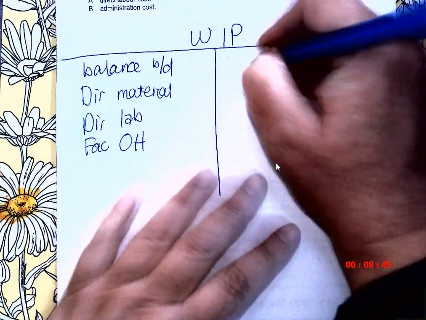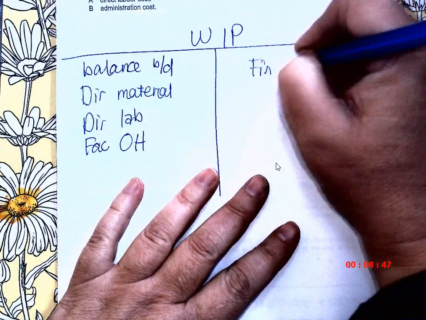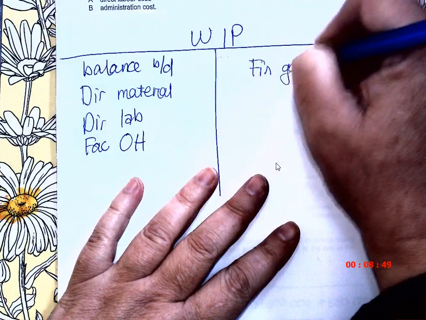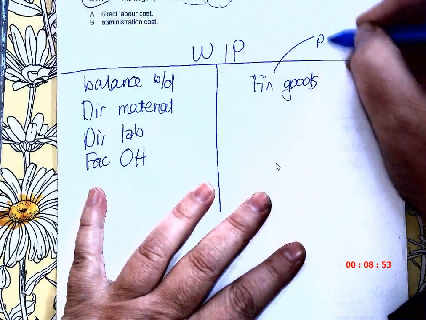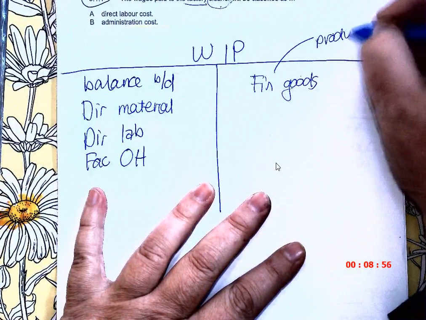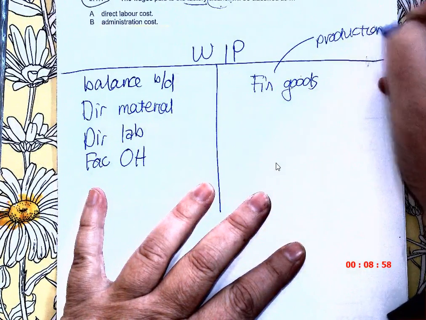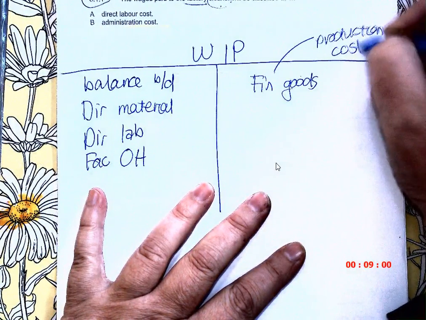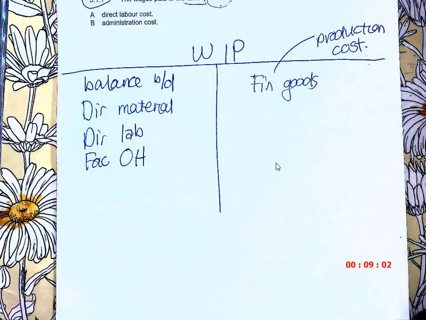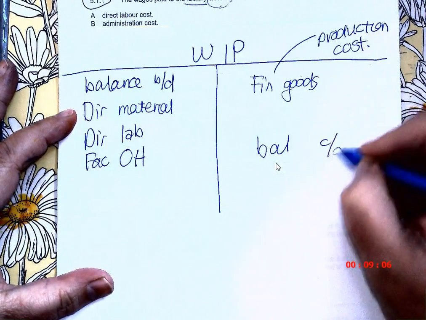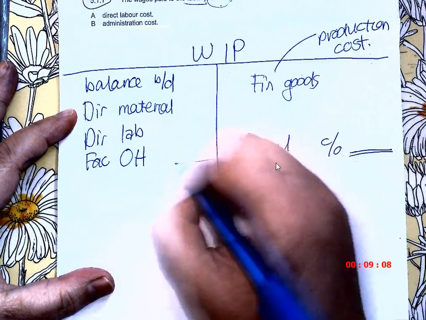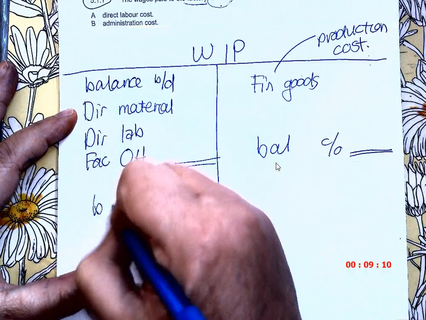I've got finished goods, which is my production cost. If they ask you how much did it cost me to produce, it's this. This is the production cost of finished goods. Isn't that true? And that's my closing balance.